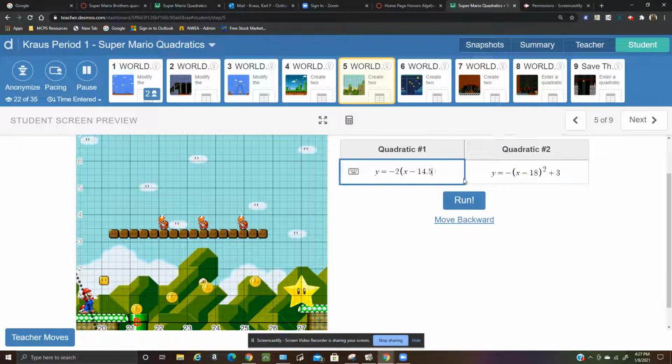So if I want to make two parabolas, it's about 1.5. Let's go 1.75. So move this over a little bit.